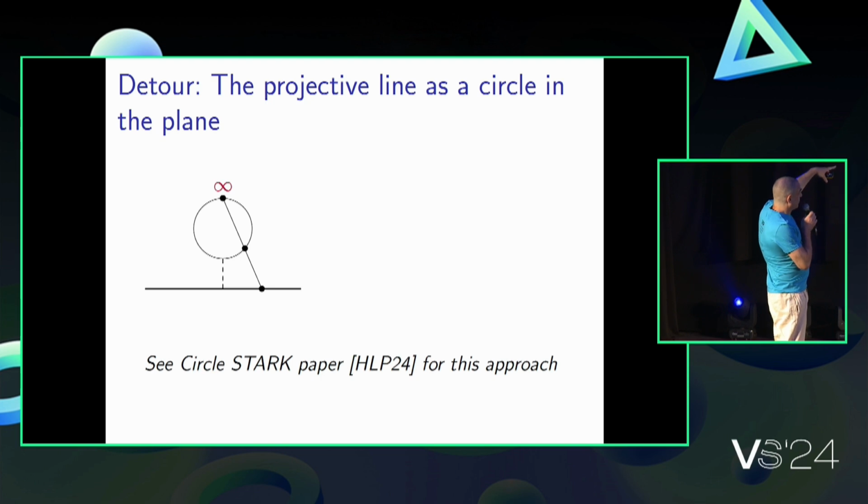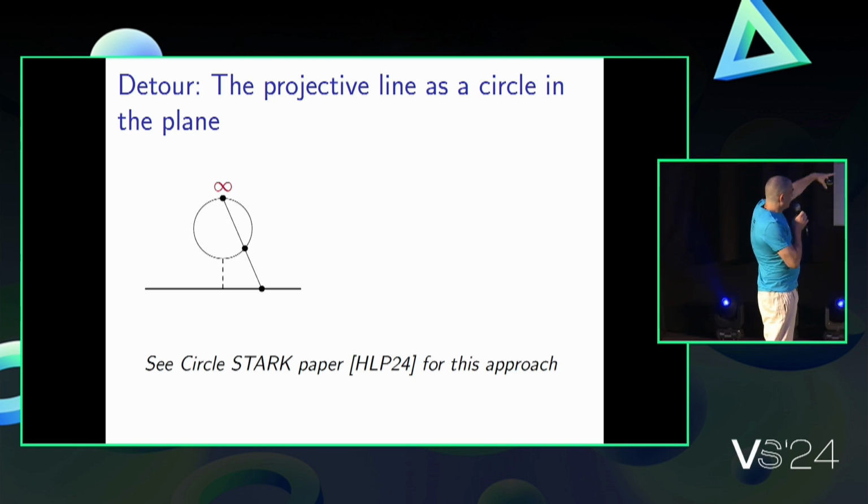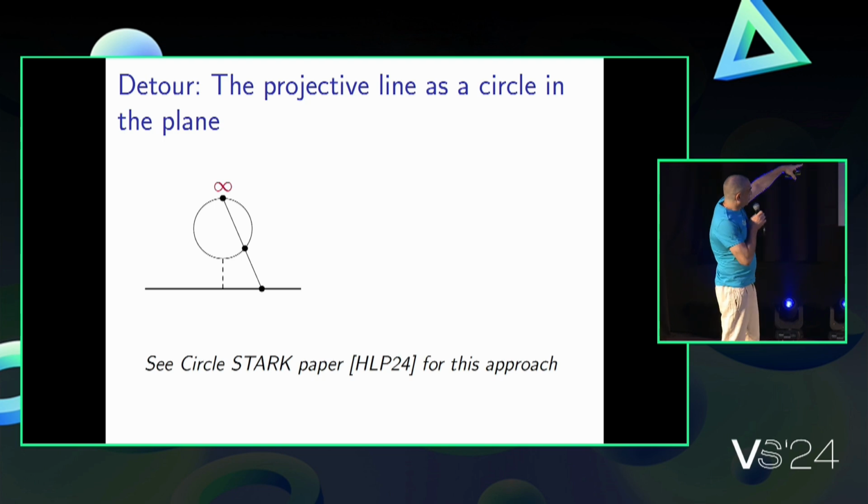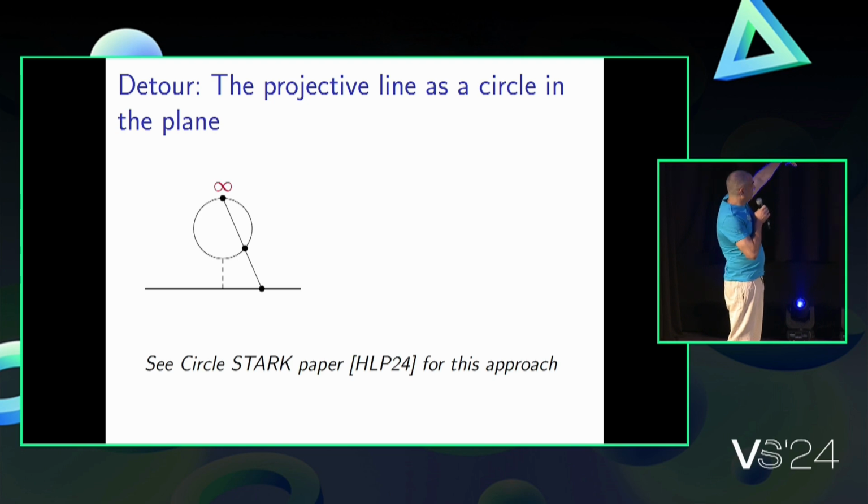And then to see where a point on the circle maps to on the line, you draw a line between the north point of the circle and the point you want to map, see where it meets the x-axis, and that's the point on the line that the point in the circle maps to.